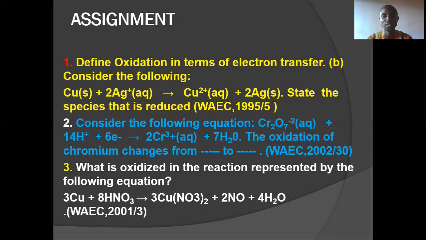The second question says, consider the following equation and look at the oxidation number. How does the oxidation number of chromium change from the reactant side to the product side? And finally, the question says, which is oxidized in the reaction?